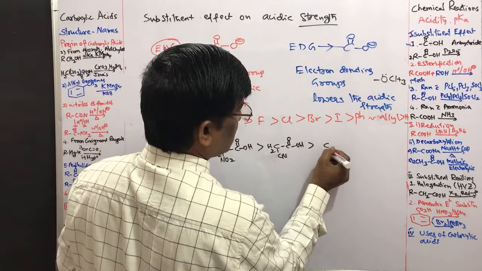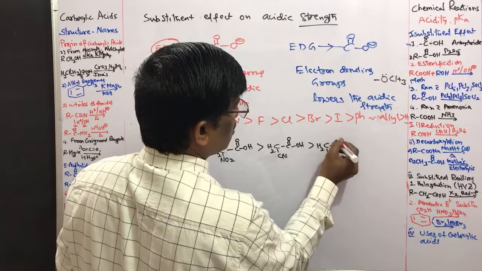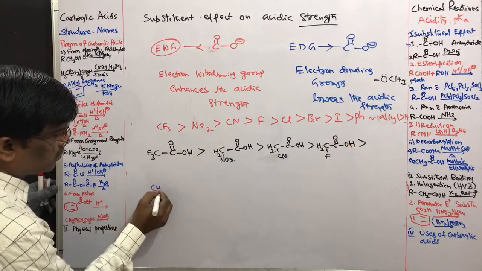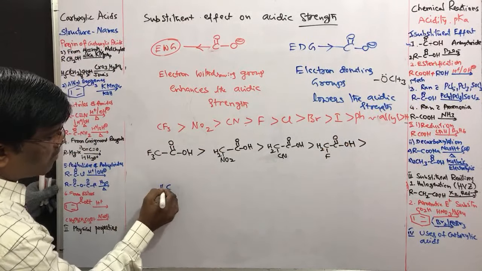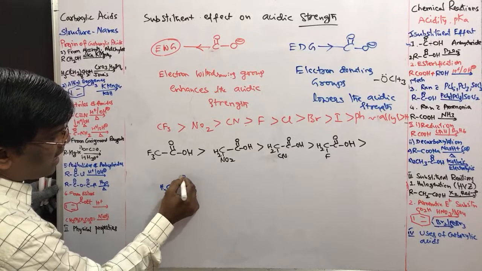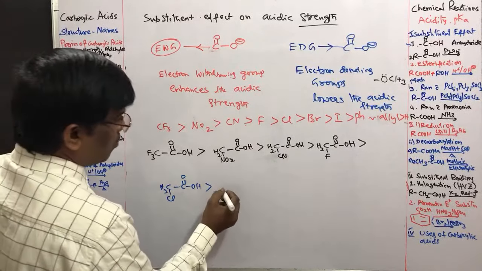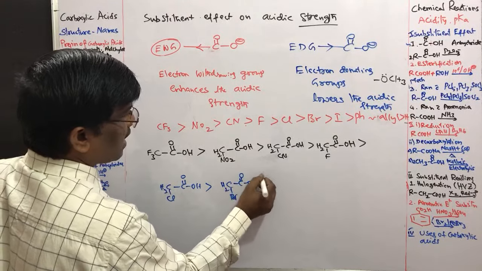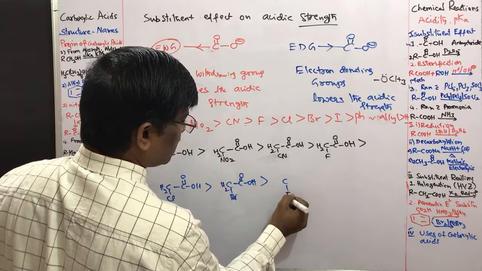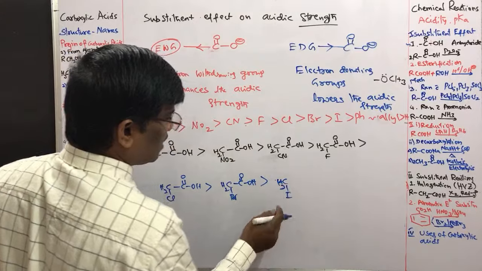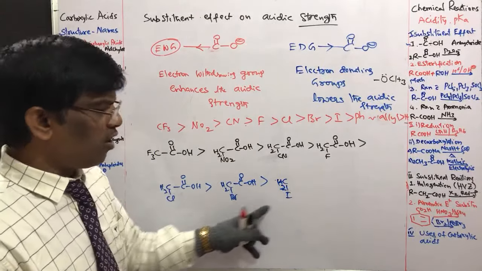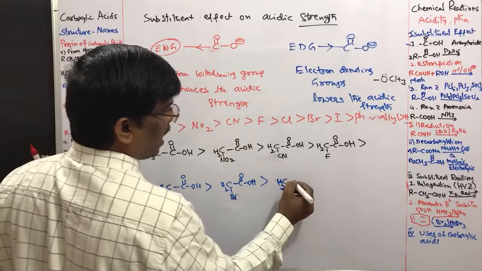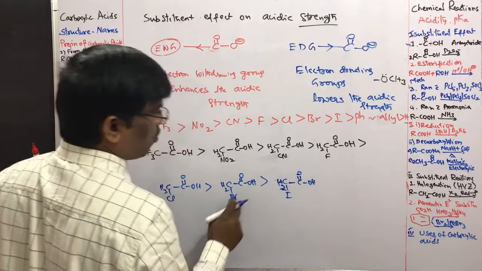And then fluoroacetic acid, followed by chloroacetic acid. It has been asked so many times, that is why I am writing it, followed by bromoacetic acid, followed by iodoacetic acid. This is the place where you may make a mistake, iodo or bromo, right? So please remember fluoro, chloro, bromo, iodoacetic acid; iodo is a weaker acid compared to bromo.